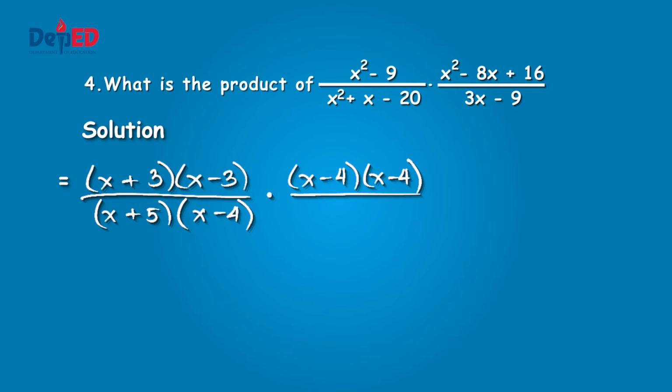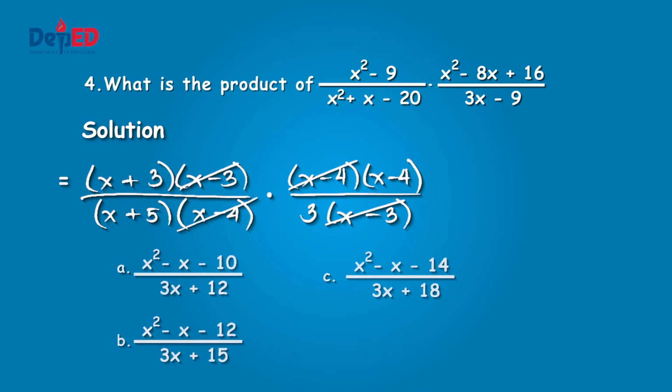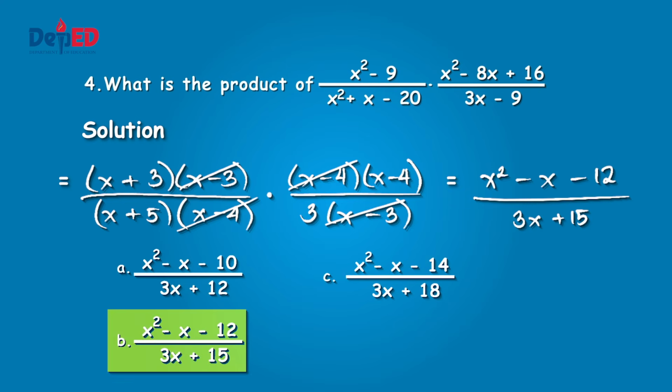So it can be expressed as 3 times the quantity x minus 3. We now divide the common factors and multiply the expressions that are left by FOIL method. So the final answer is letter B, x squared minus x minus 12 all over 3x plus 15.